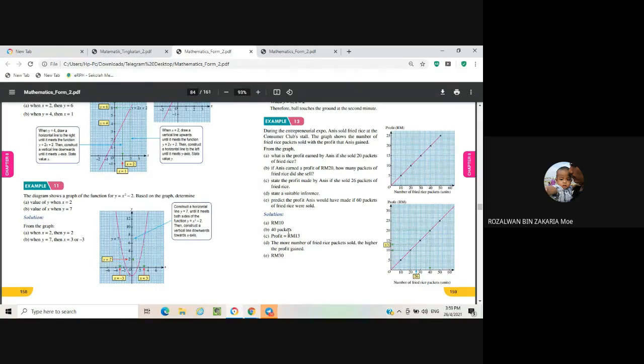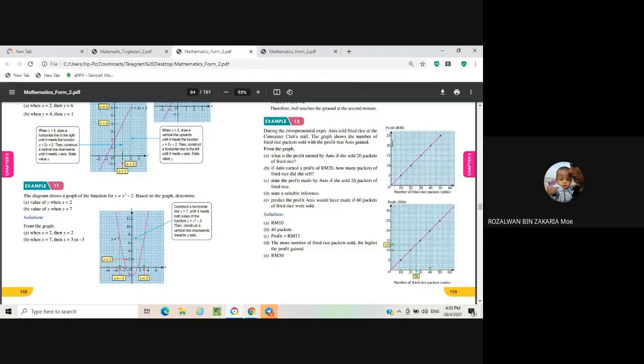For C, state the profit made by Anis if she sold 26 packets of fried rice. The same thing also. From the graph, you need to find out where the value for 26 packets is.